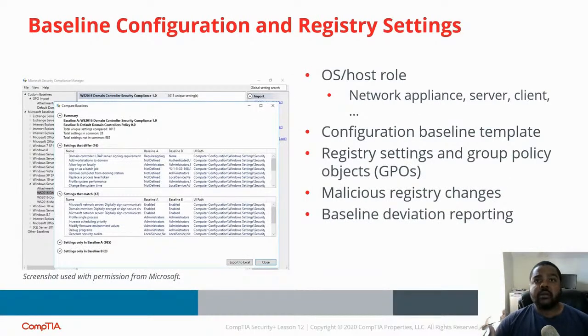Now, to go into different types of software and configuration factors in that hardening process, there is having a baseline of configurations, and also the registry. We can use software that keeps a baseline of applications on our network.